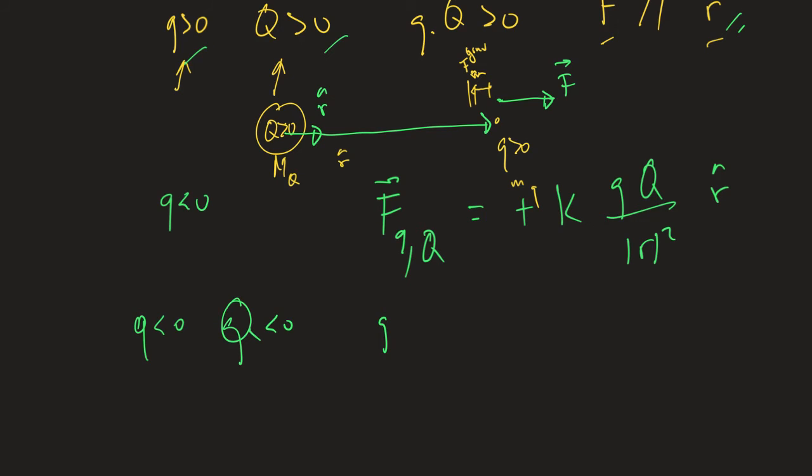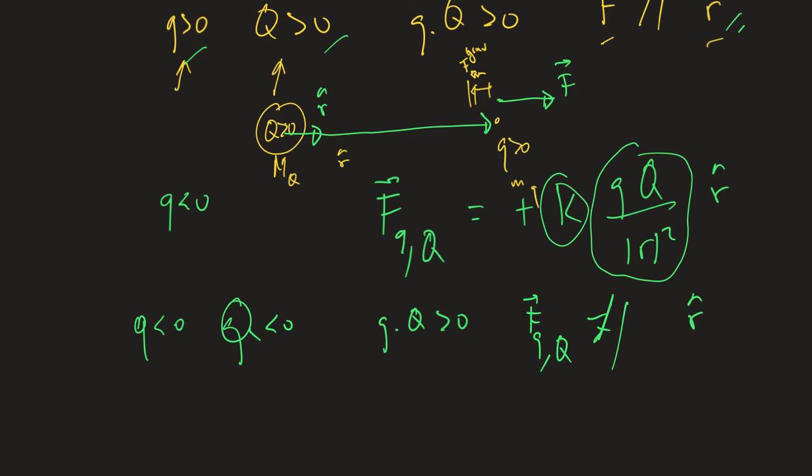So the product of q by Q will be positive. So the force acting on q due to Q will be parallel to little r, because this will be positive and this K is positive.